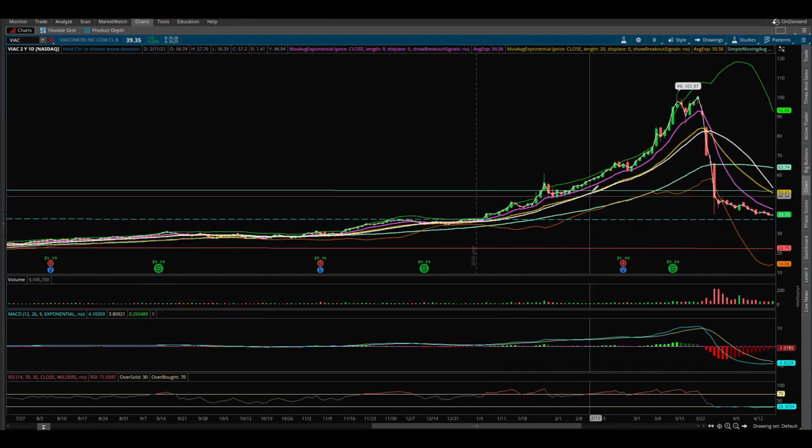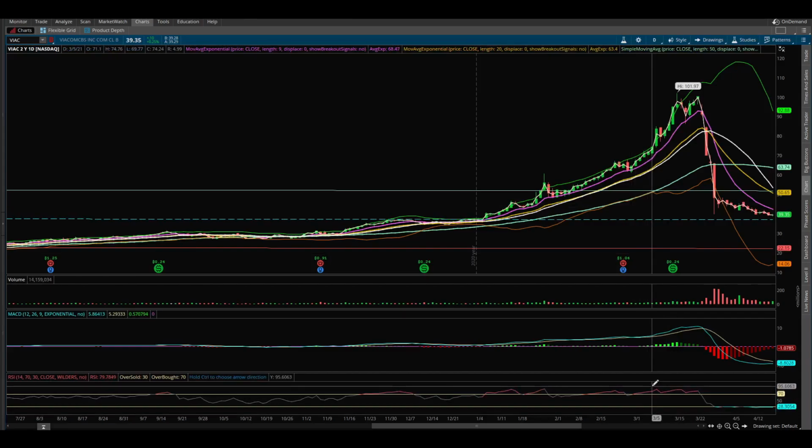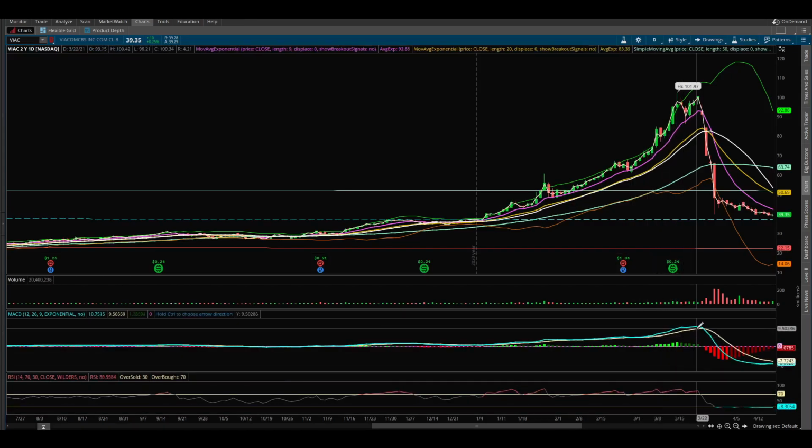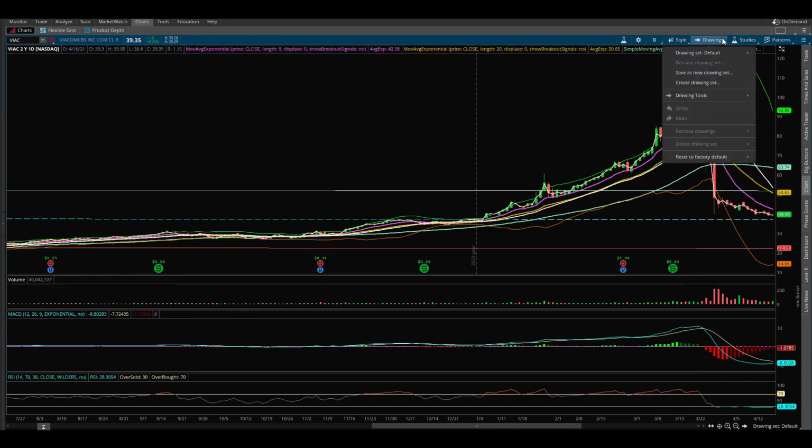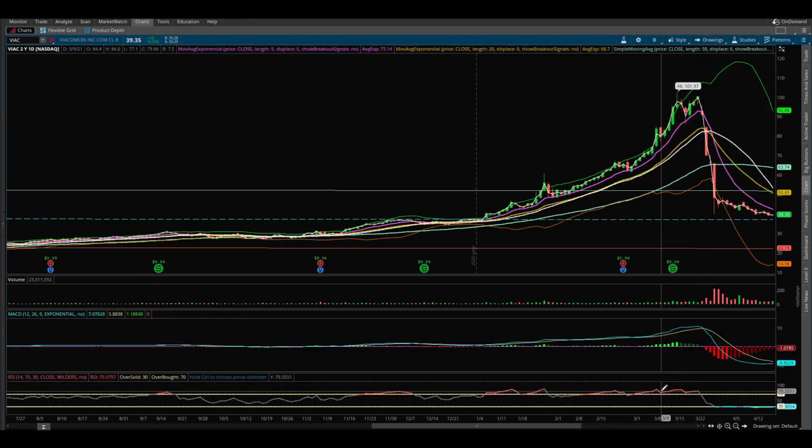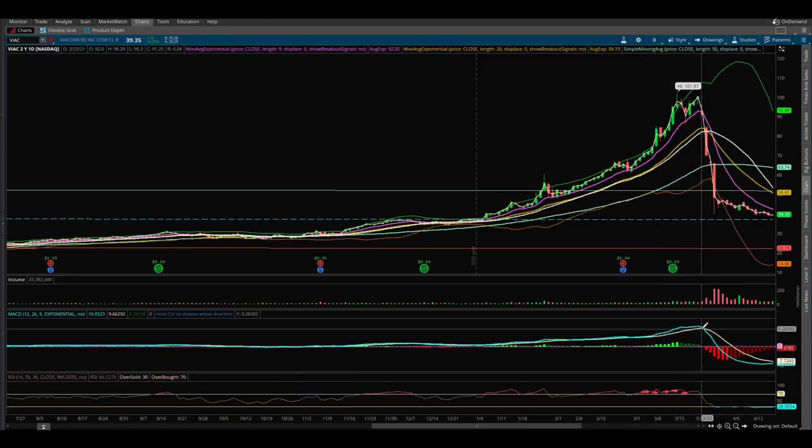For this case, what you want to do is two things: look at how flat the RSI is after it's overbought, and look for the cross of the MACD. Let's say the cross is right here. We want to see if it's a good setup. First, it's overbought in this region. It's fairly flat above the 70, and this is the cross of the RSI.